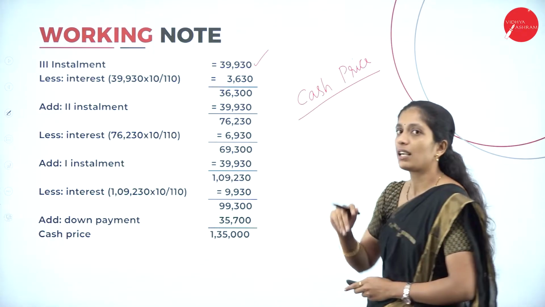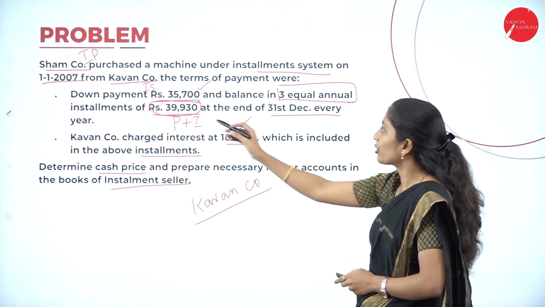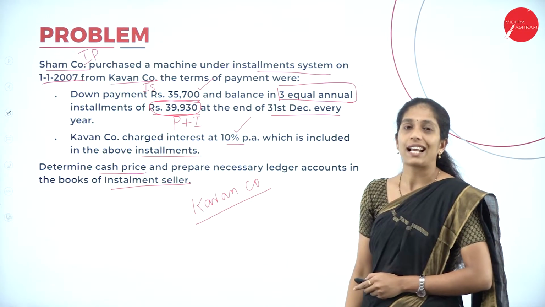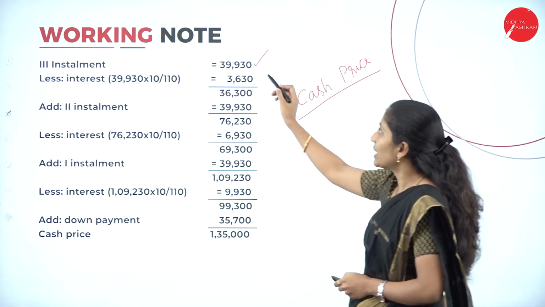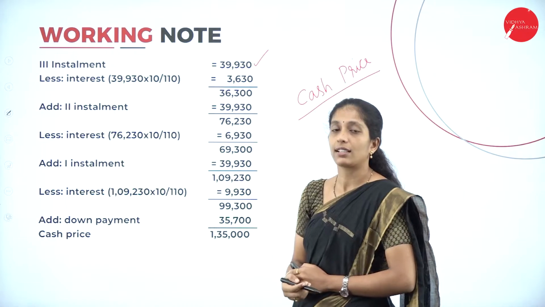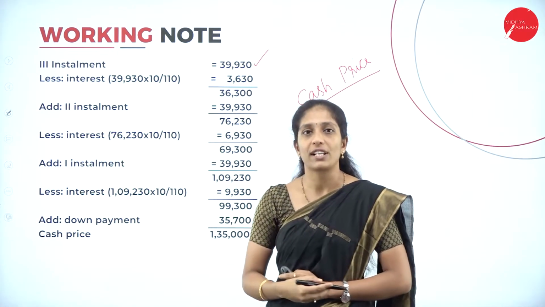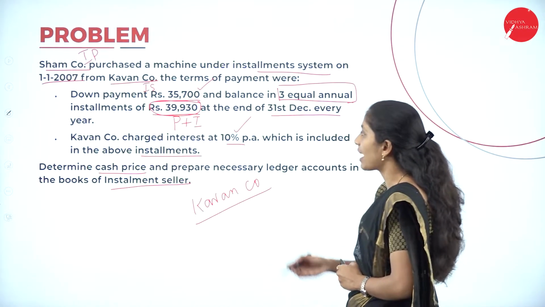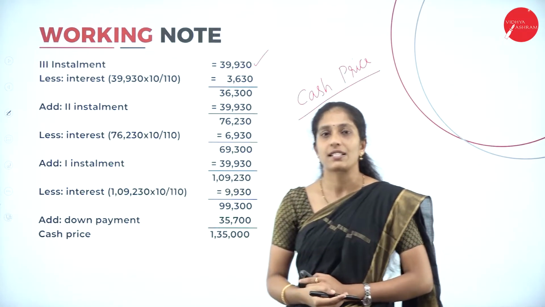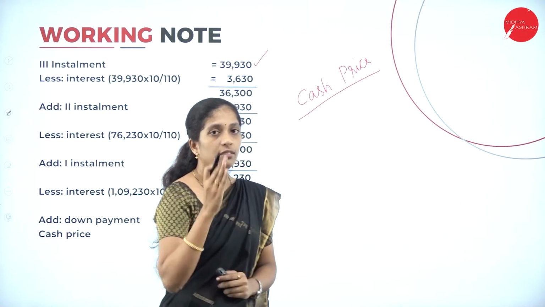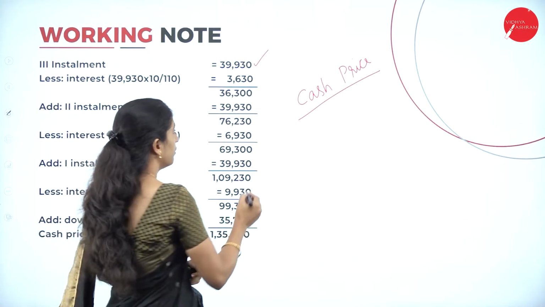So each installment they are going to pay, they have told that they are going to pay 39,930. So third installment is how much? 39,930 less interest. So as I told, it is inclusive of interest. So what is the percentage of interest they have told? That is 10%. So this 39,930.